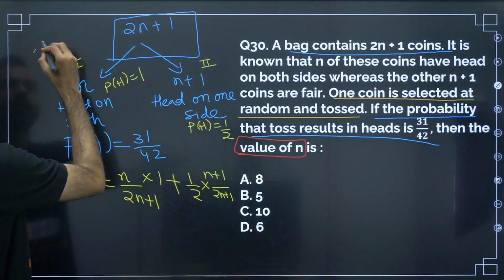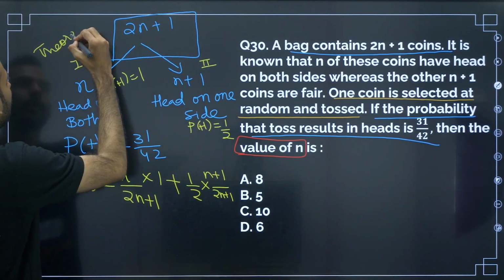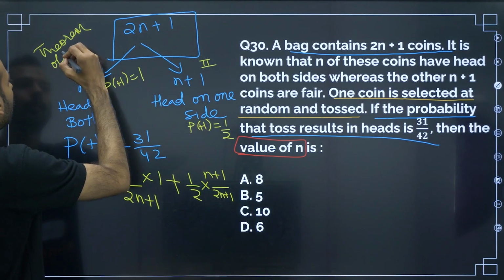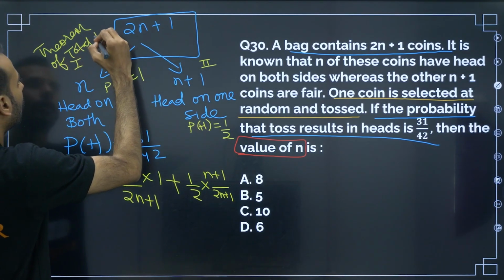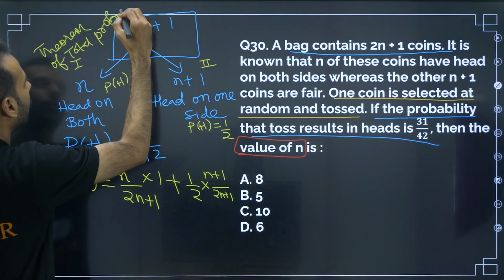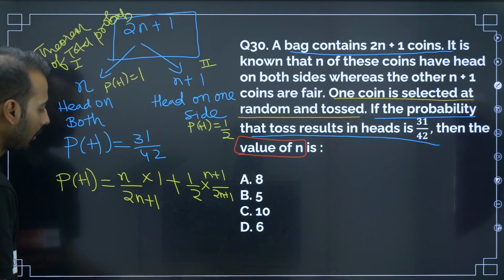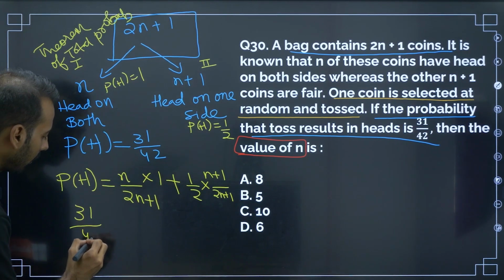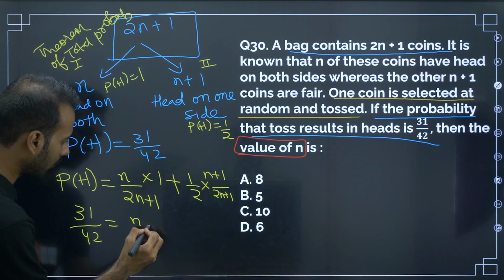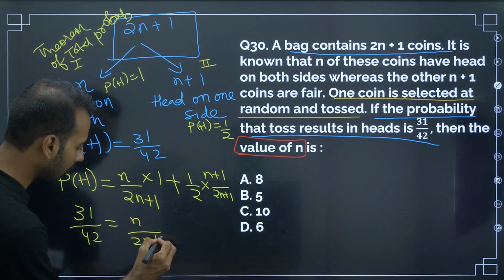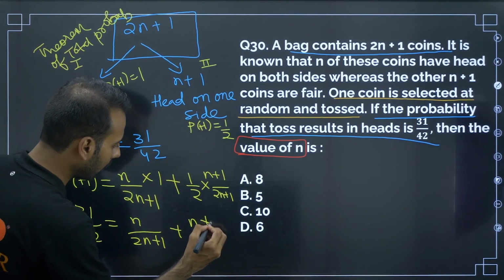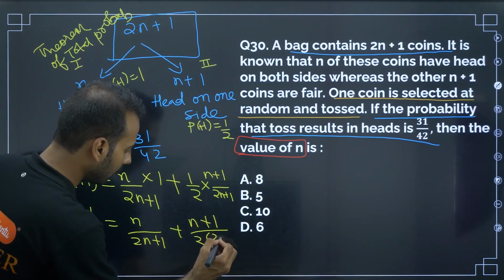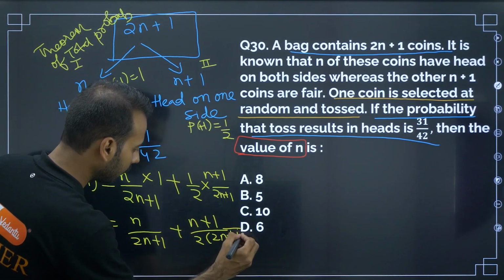So using theorem of total probability, the probability of head, they have given this as 31 by 42, is equal to n divided by 2n plus 1 plus n plus 1 divided by 2n plus 1 times 1 by 2.